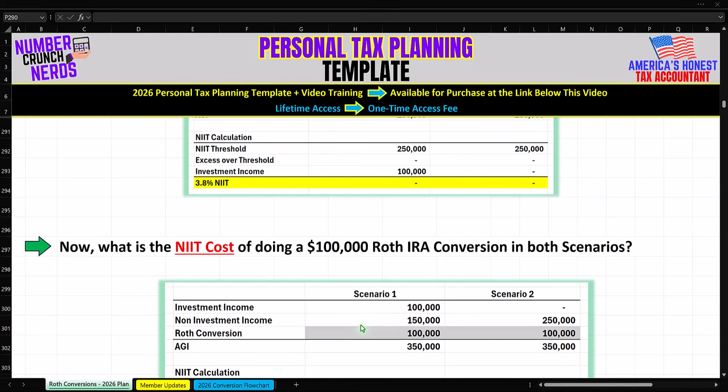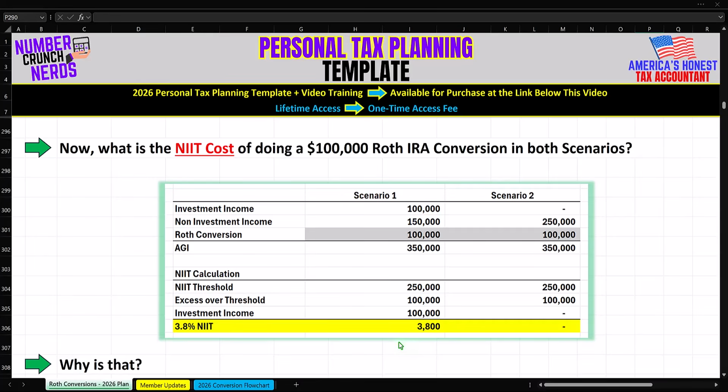Then we will have our Roth conversion income of $100,000 for a grand total AGI of $350,000. In scenario 2, the first two items will be the same. We will have our $100,000 of Roth conversion income, and that is how we get to the $350,000 for scenario 2. So once again, when I scroll down, what is going to be the net investment income tax cost of this one? And what is going to be the net investment income tax cost of this one?